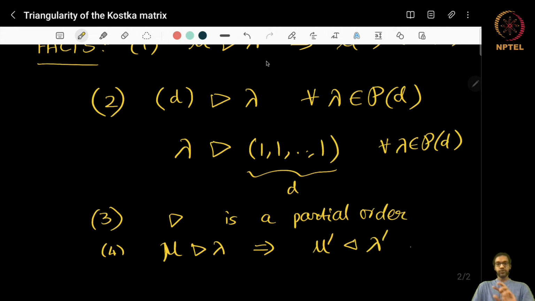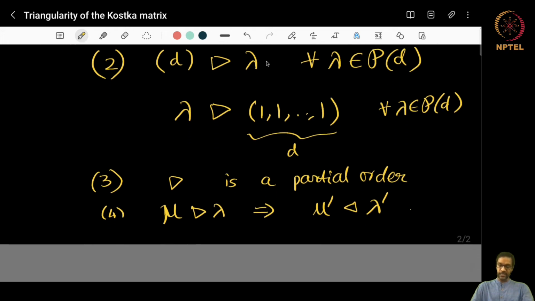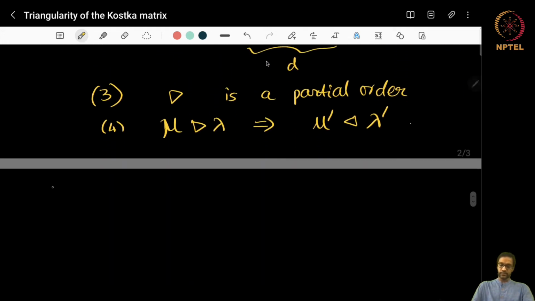So conjugation changes the order. It's sort of like negation for the usual partial order. Okay, good. So these are 4 easy facts, which I'm just going to leave the proofs as exercise. They're all easy just from the definition directly. Maybe the only thing you have to think about a little bit is the last one.